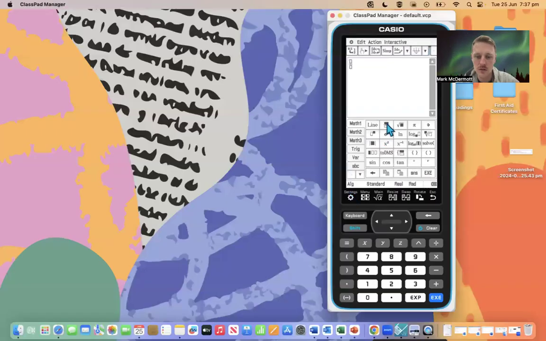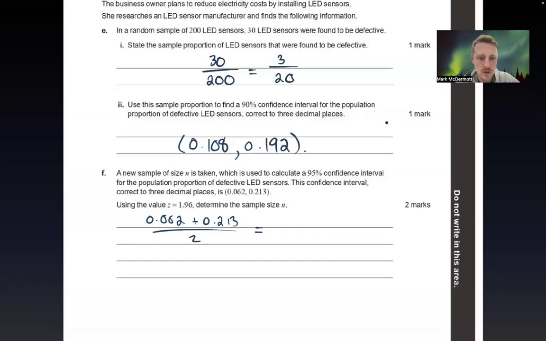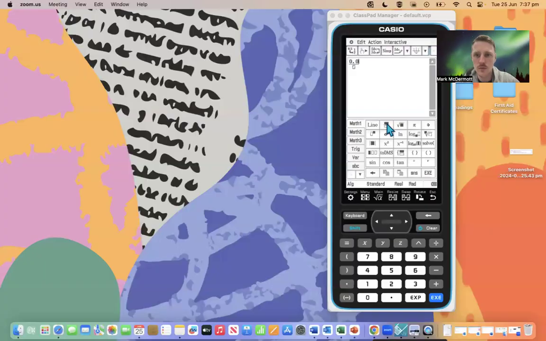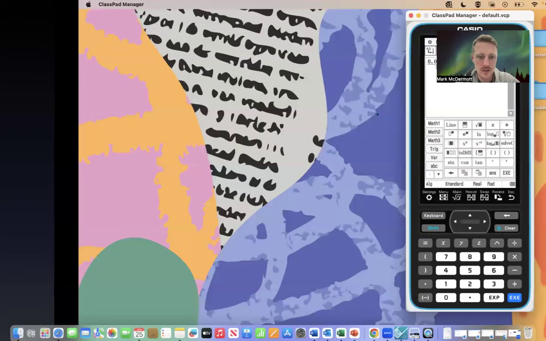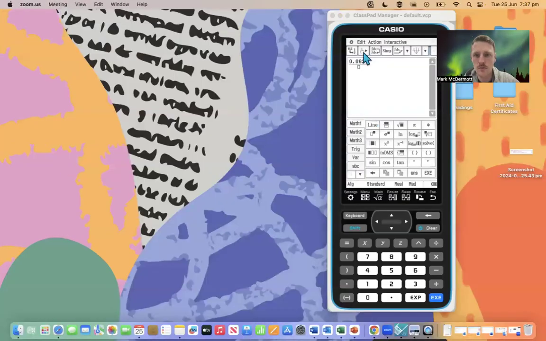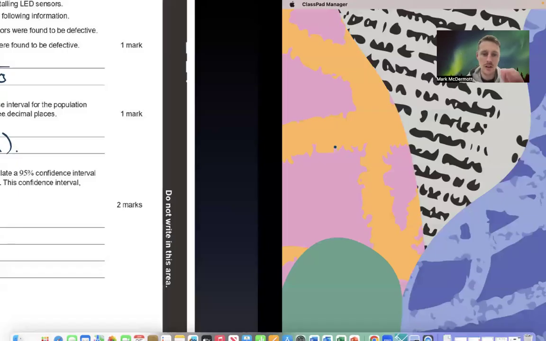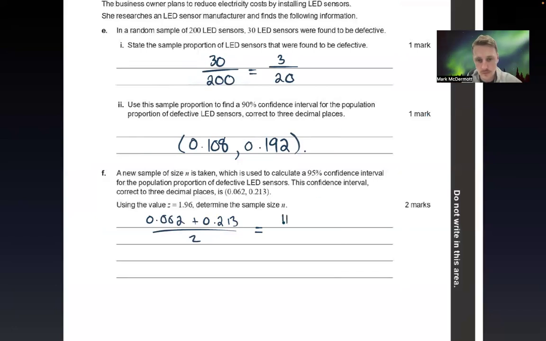So I already forgot what it is, 0.062 plus 0.213 divided by 2. That gives us 11 on 80. So that's our estimate of the mean sample proportion.